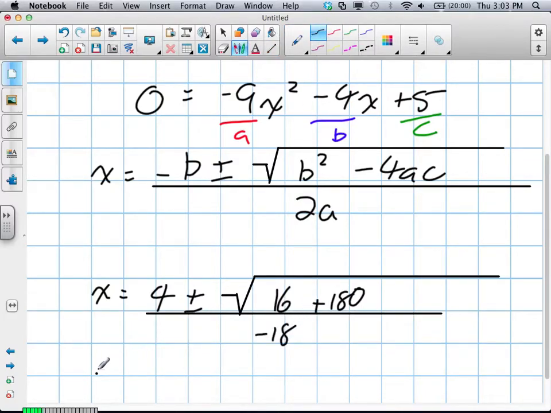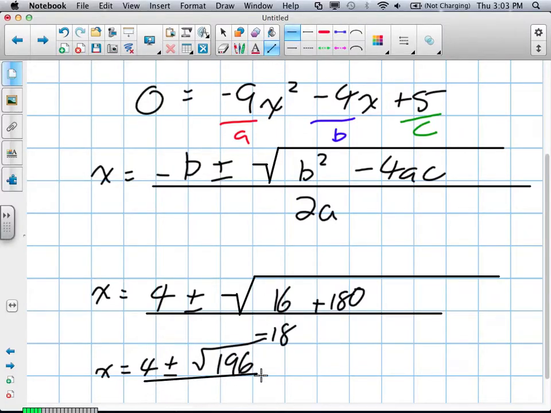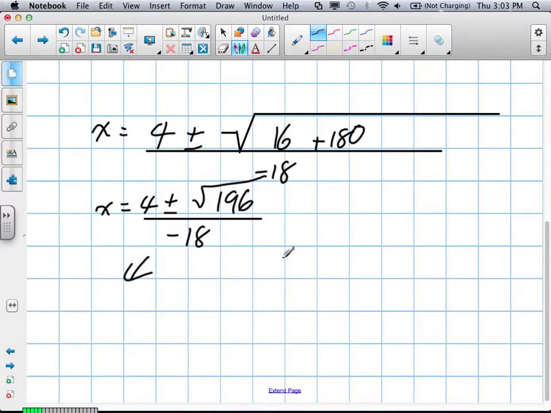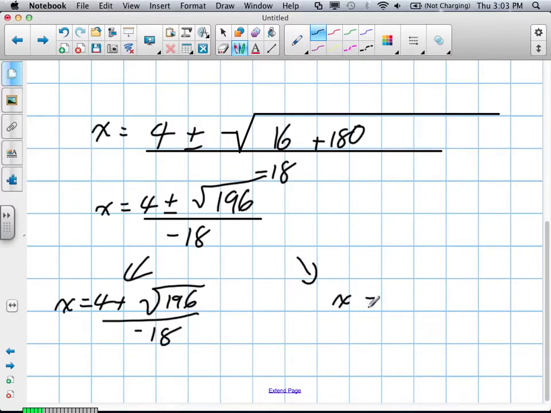Okay. x is equal to 4 plus or minus the root of 196, divided by negative 18. Again, that's going to split. x is equal to 4 plus root 196 over negative 18, and x equals 4 minus root 196 over negative 18.